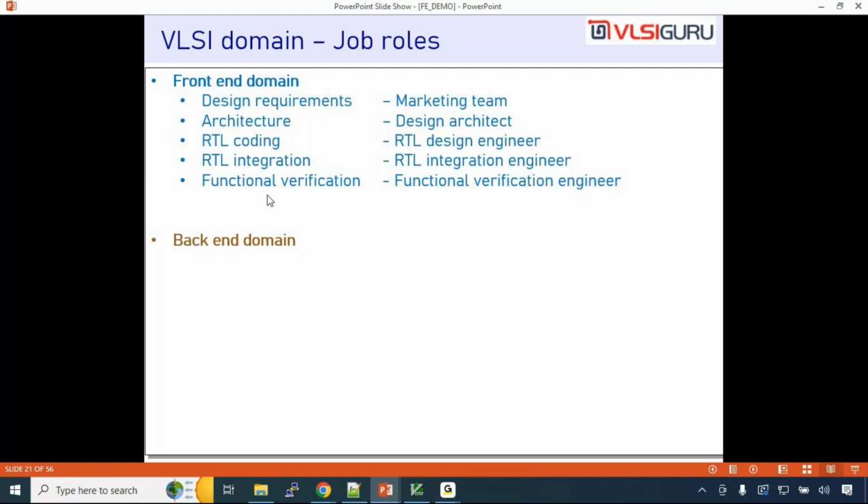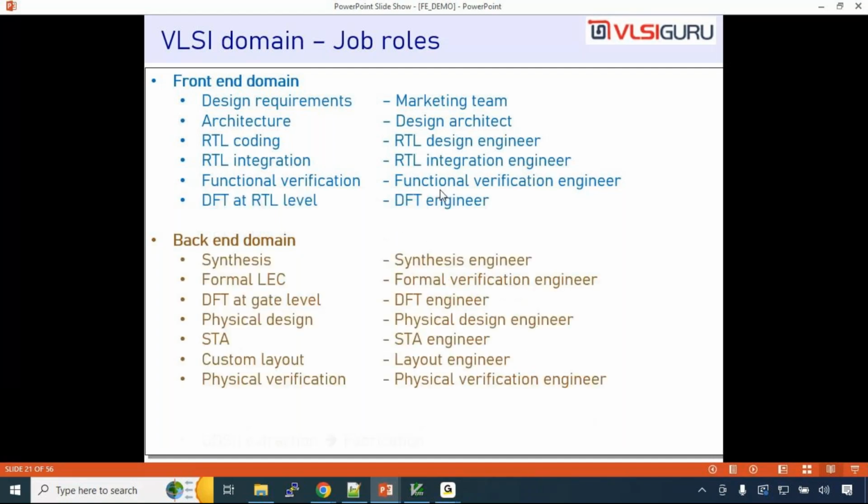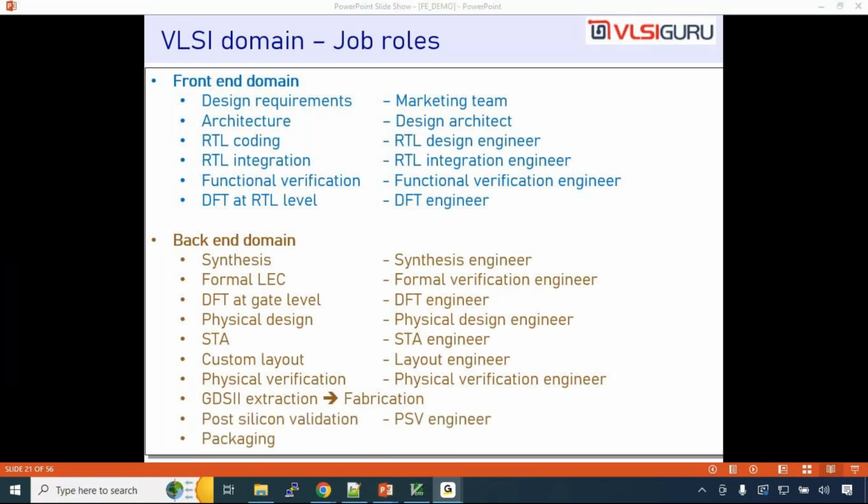The person who does verification is called the functional verification engineer. Like that, for every job role, there is one person. The important thing you need to understand here is that in most cases, throughout their career, they will only do one work. For example, I worked in the job for around 14 years, and I only did this work.